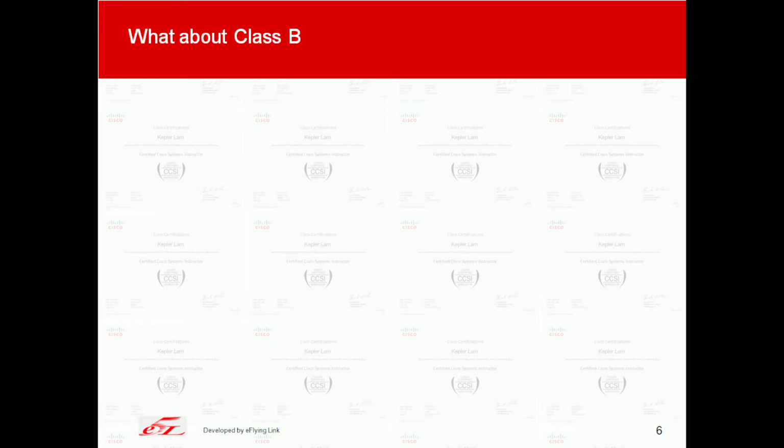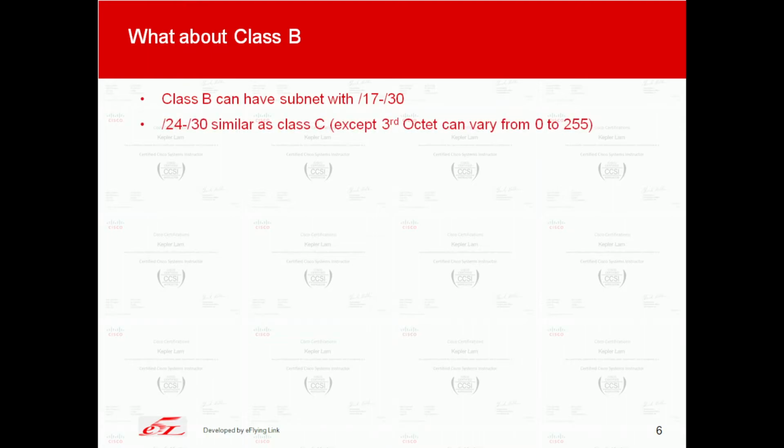Let's see the case for class B. For class B, you can have subnets with prefix length from 17 to 30. In fact, for the case of 24 to 30, it's very similar to the cases of class C, except that for class B, the third octet, or the third byte, can vary from 0 to 255.